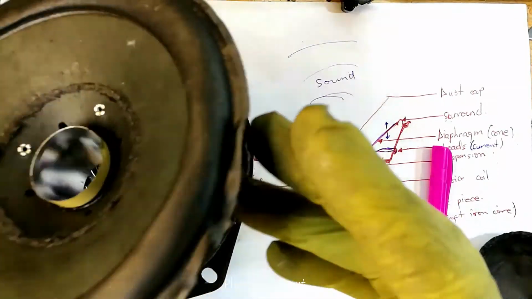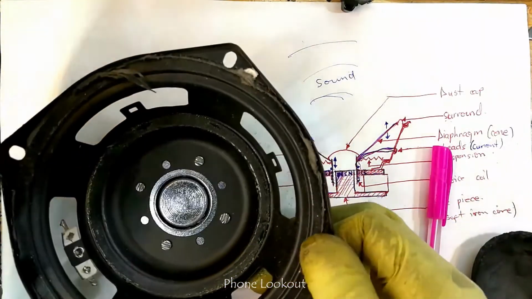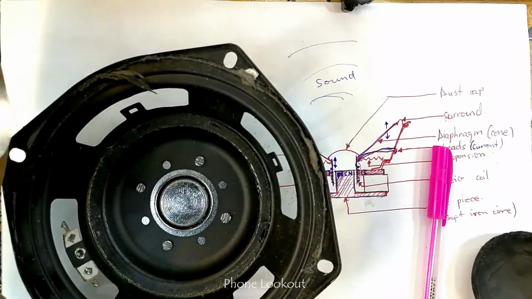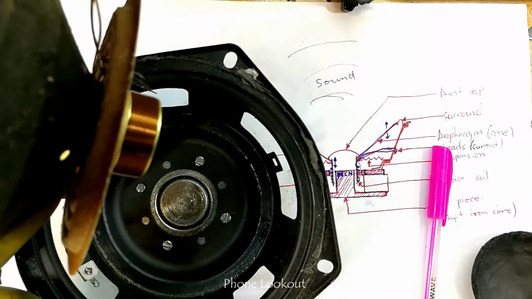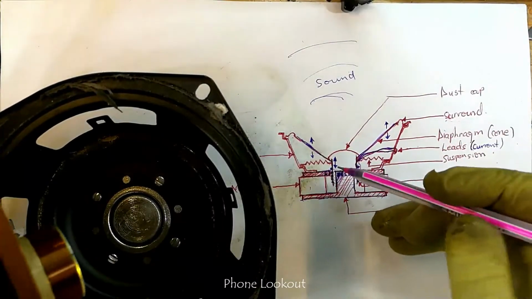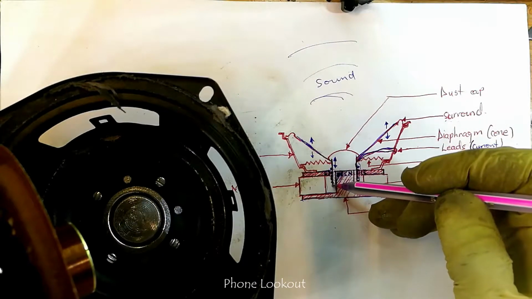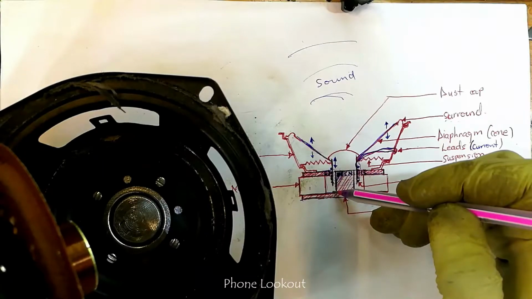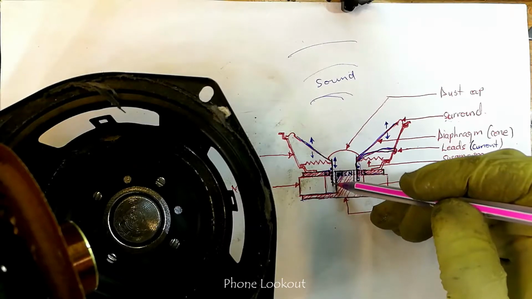So you might be wondering, why do we have the other parts? Just like we drew right here, if you look at that shaft, it doesn't touch the bottom. It's not supposed to touch the bottom.